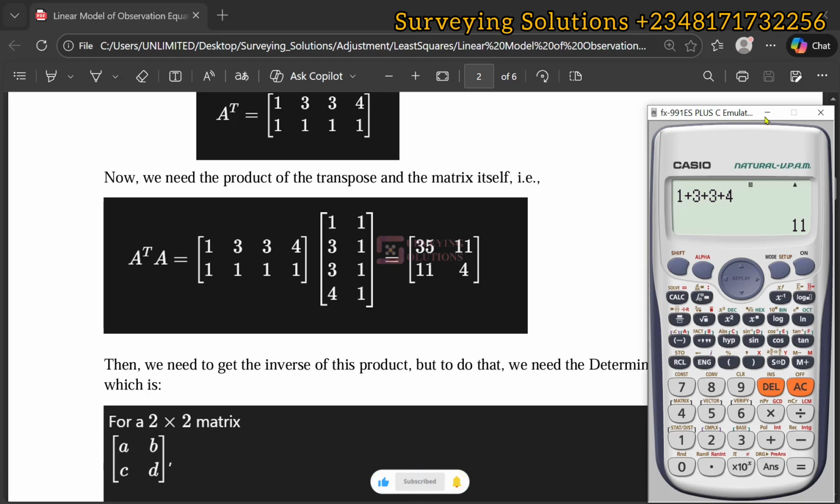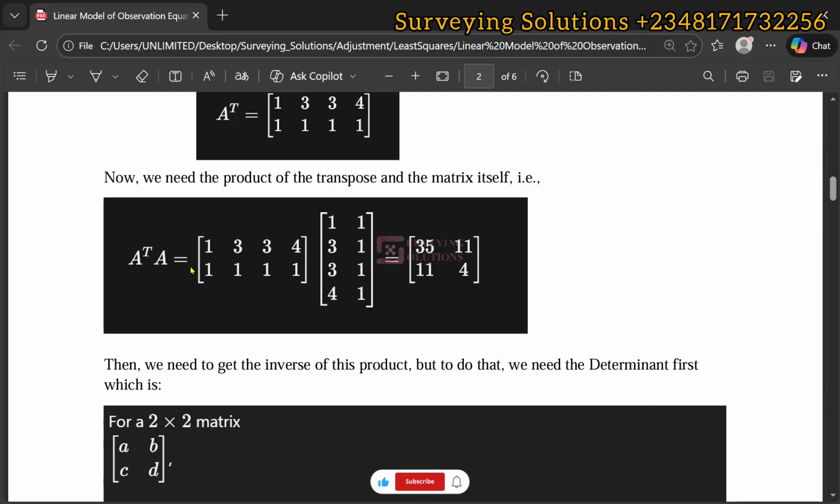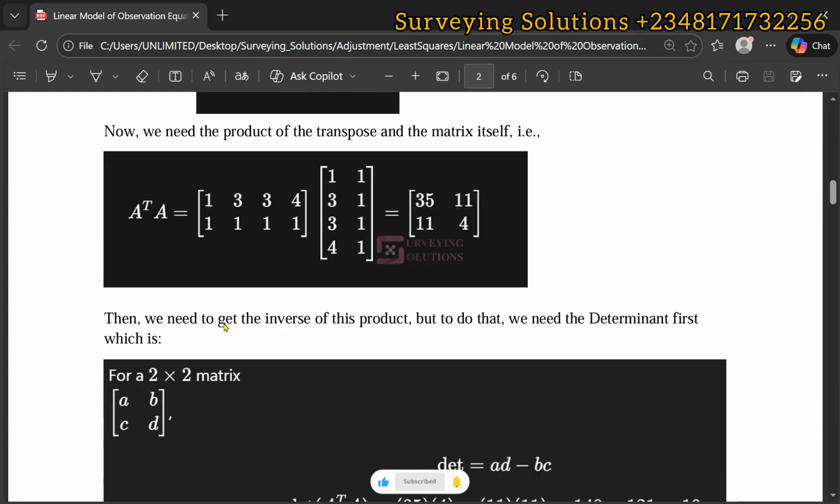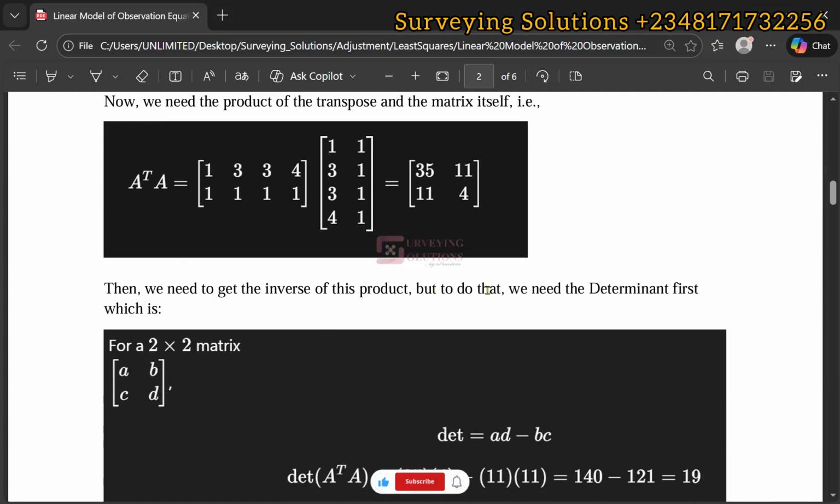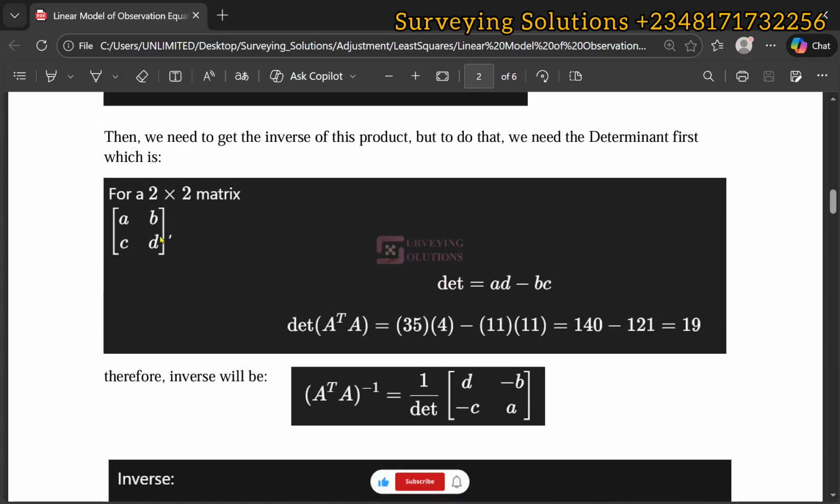So since we have determined the product of A transpose A, we now need to get the inverse. Right, good. But to do that, we need the determinant first. When you're trying to get the determinant of a 2 by 2 matrix, we have A, B, C, D. The rule of determinant is this multiplied by this minus this multiplied by this.